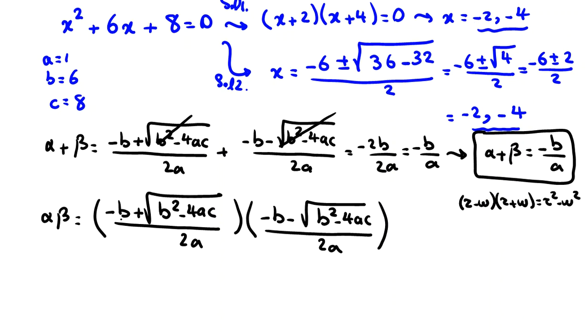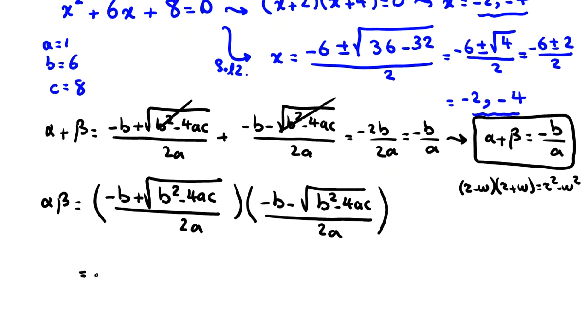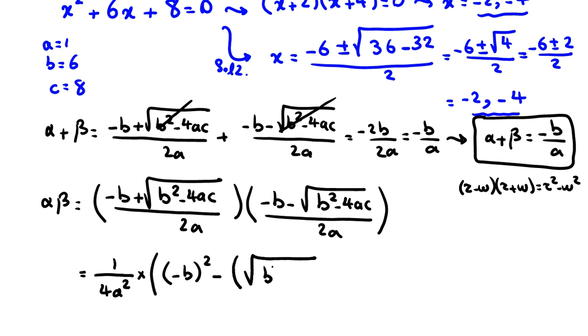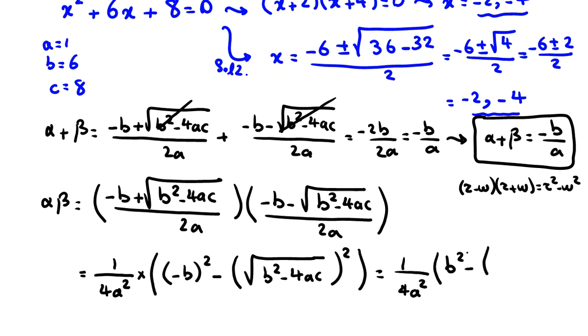If we factor the denominator, it will be 4a squared times, look, negative b is z, and w is this root part. So it equals negative b squared minus root b squared minus 4ac squared. If we calculate that, it will be 1 over 4a squared times b squared minus, the square root will be cancelled because we raised it to the power of 2, b squared minus 4ac, and it will be what?